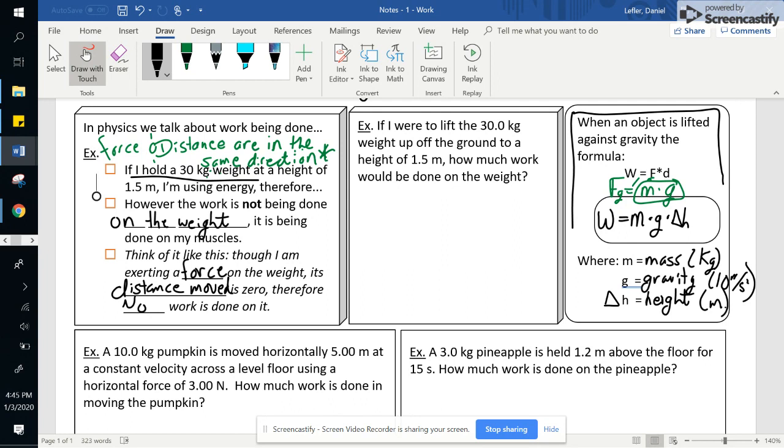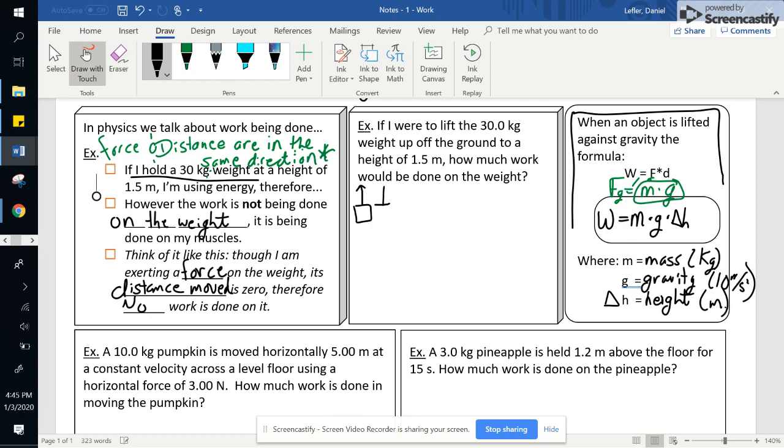So when we look at this middle example here, if I were to lift a 30 kilogram weight up off the ground to a height of 1.5 meters, how much work is being done on the weight itself? Let me just draw a quick picture. We're applying a force up to pick it up.